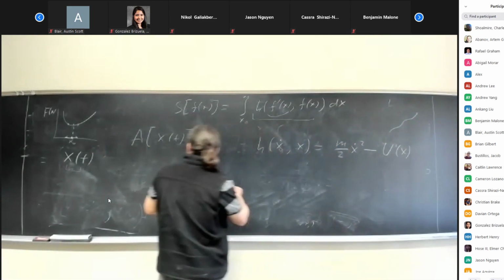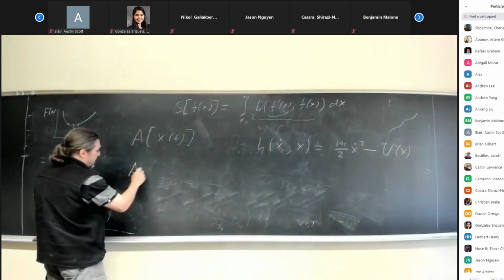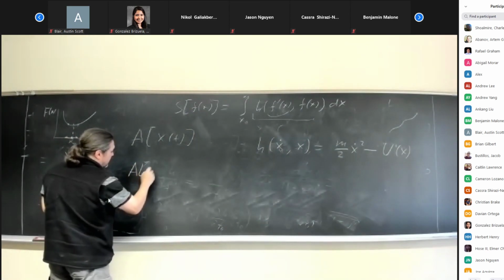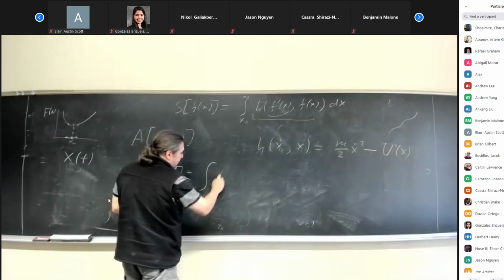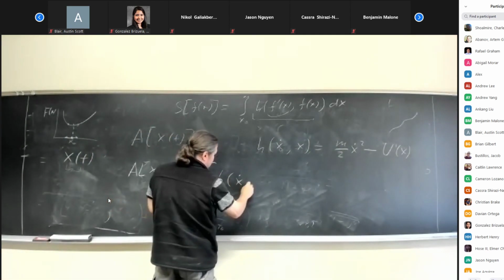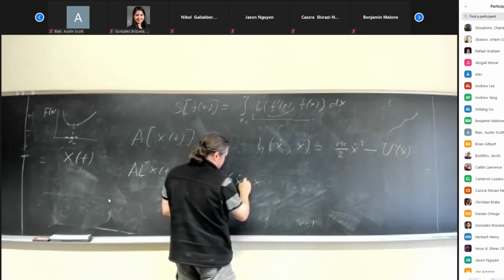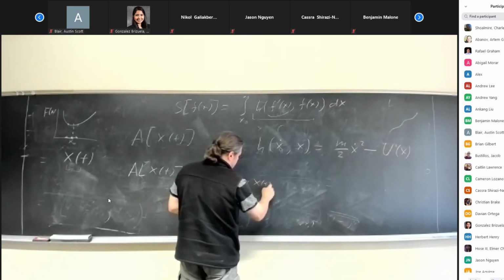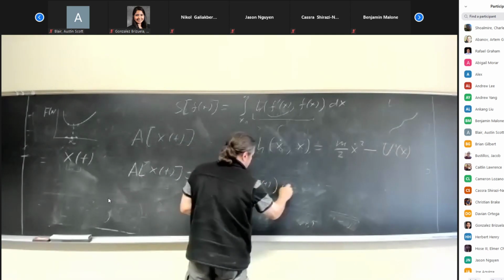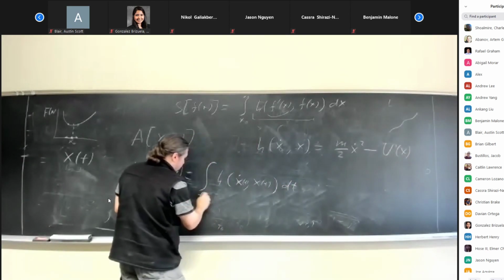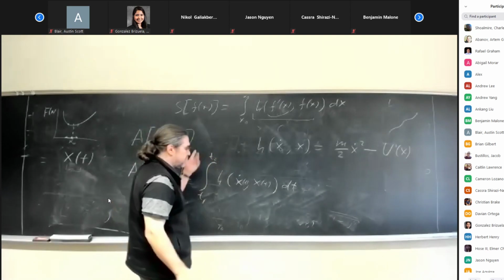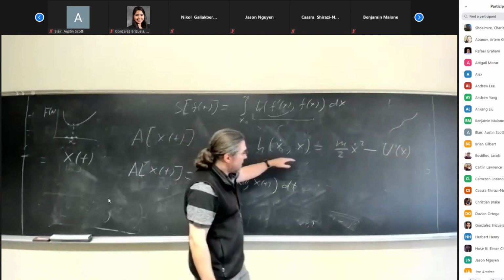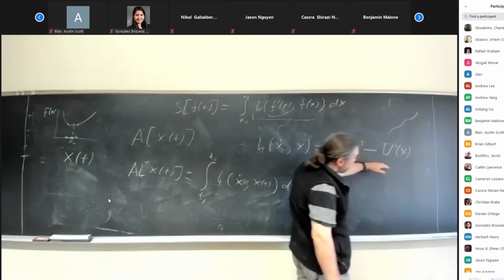So that action of x of t equals the integral of L, a function of x dot and x, the whole function of t, times dt, from t1 to t2, initial to final.